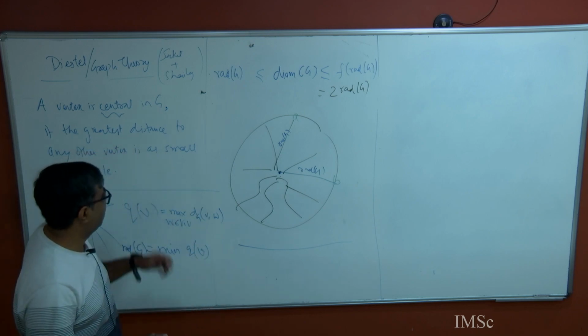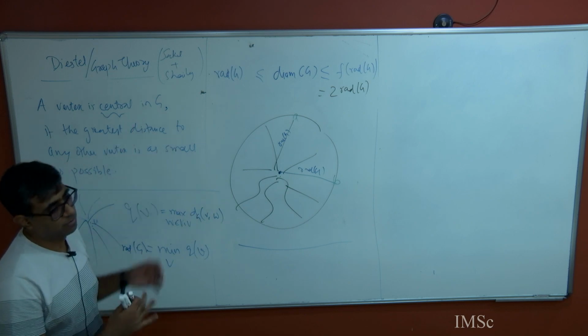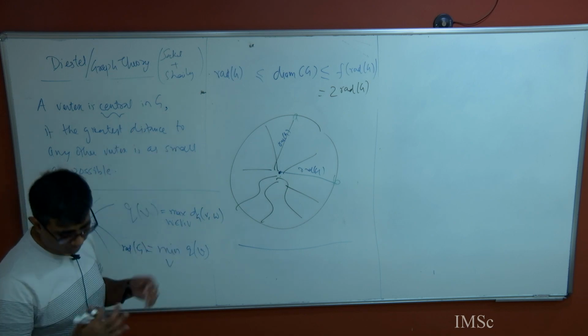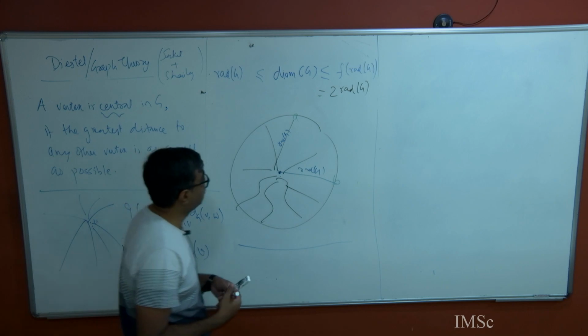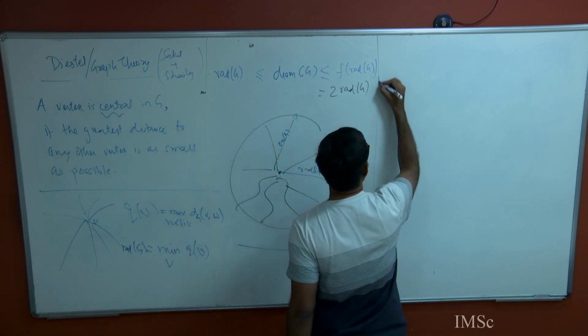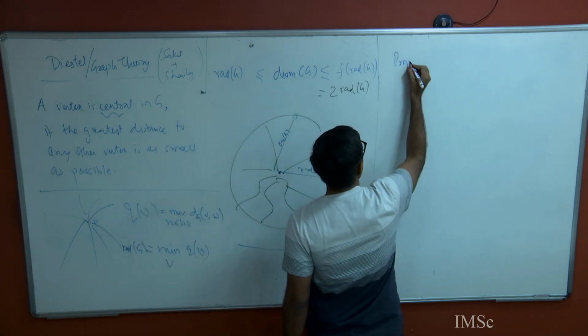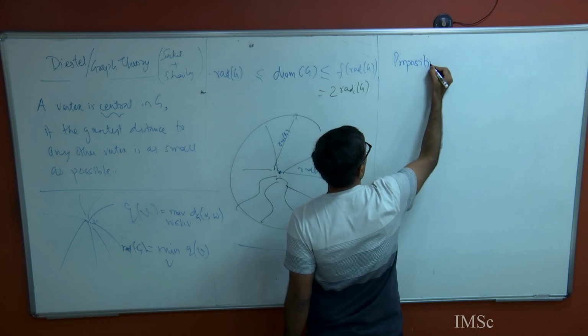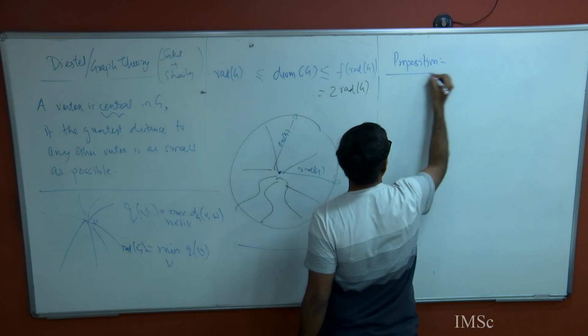So in general, radius and diameter are not related to minimum degree or average degree or maximum degree, but there is a very interesting, cute theorem. Okay.